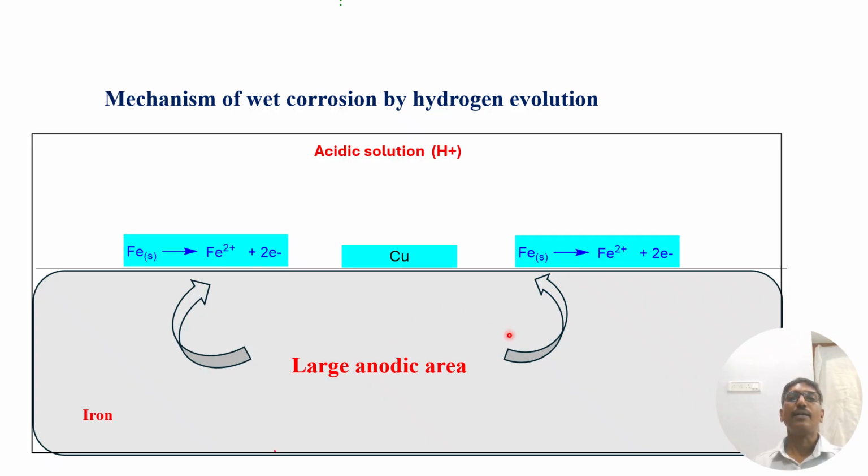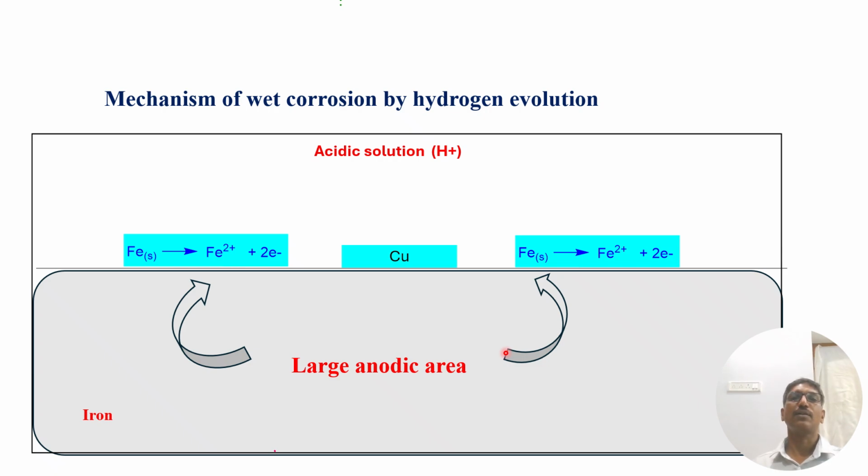Since iron and copper are dissimilar metals in direct contact, they naturally form a galvanic cell. Consulting the electrochemical series confirms why iron is the one that suffers.